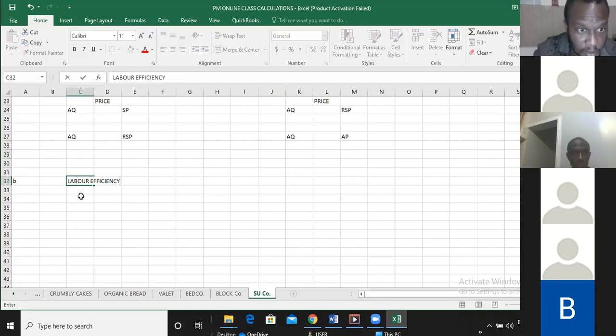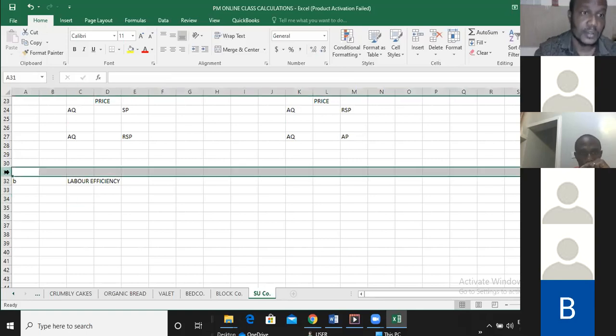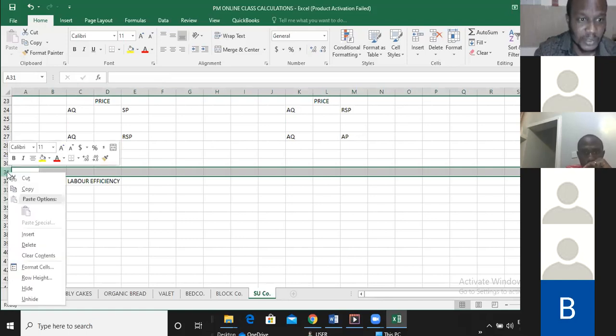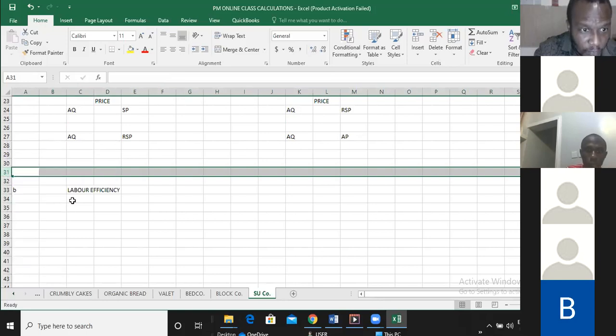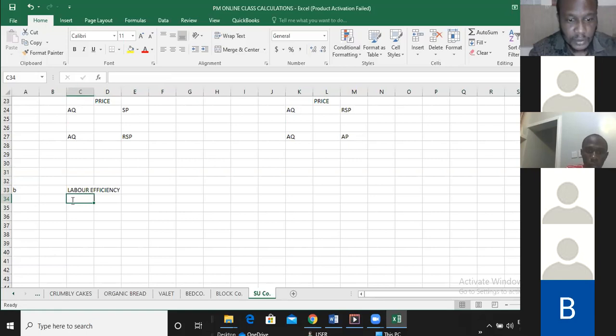Was there any need to write that one too again? So our labor efficiency, if we want to write, would have been standard hour, right? Yes. Standard. Remember, we'll just take only the first two. So our main labor variance would have been standard hour. Since we're looking for only efficiency, it's only the first two: standard hour, standard rate, and actual hour, standard rate. That's the efficiency.